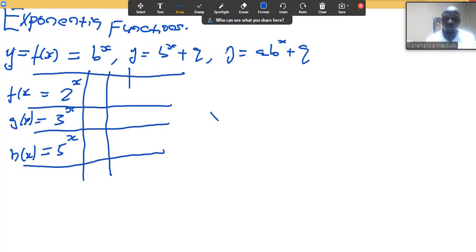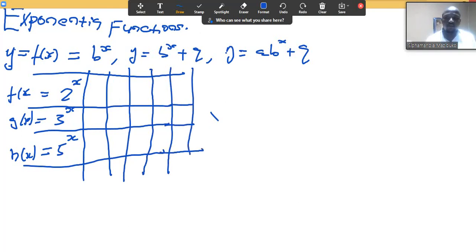Okay, so this is our table. This is what we normally do to sketch the graph: we find the values. Let's say the values of x are 0, 1, 2, minus 1, minus 2.